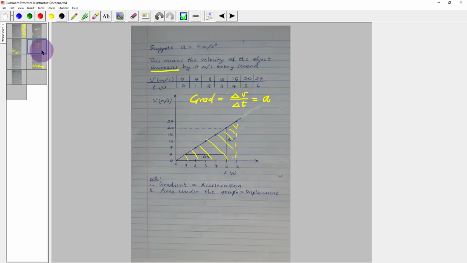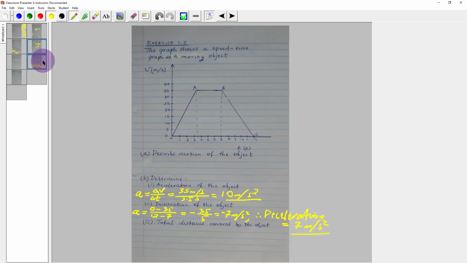The total distance covered by the object will be obtained here. The area under the graph will give us the displacement. Of course, when we are calculating the distance, we are actually calculating the magnitude of the displacement. So that S is equal to, that one is a trapezium, but you could work out the area of this triangle plus the area of this rectangle, again plus the area of the next triangle.